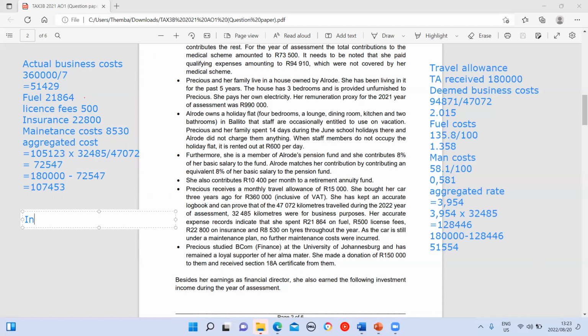Inclusion: we will include 51,554. Yes. So now we can move on.